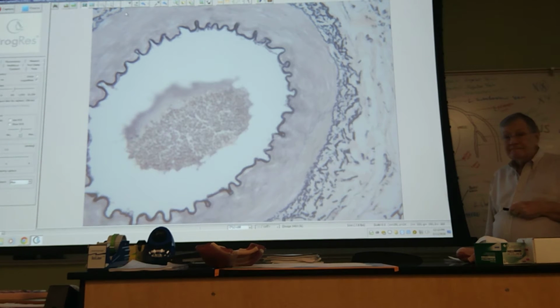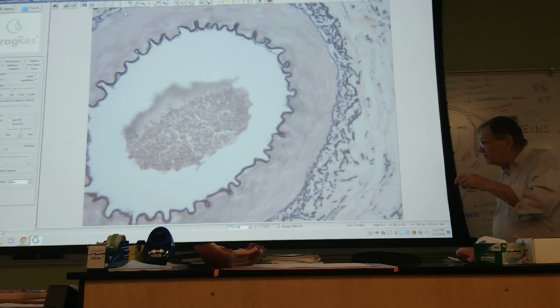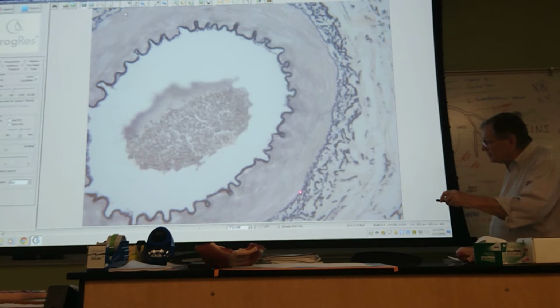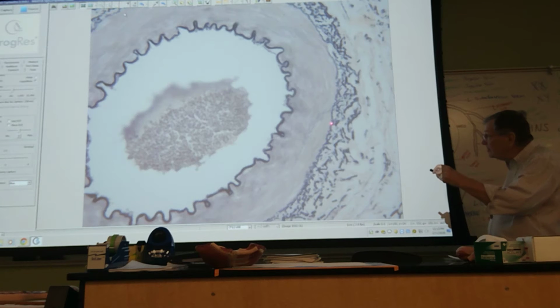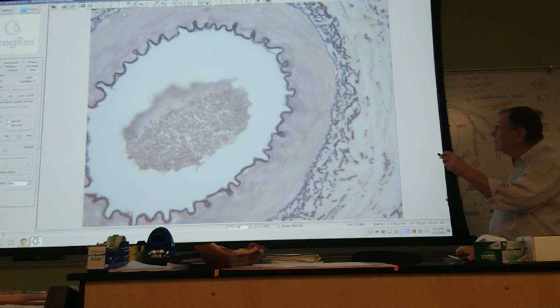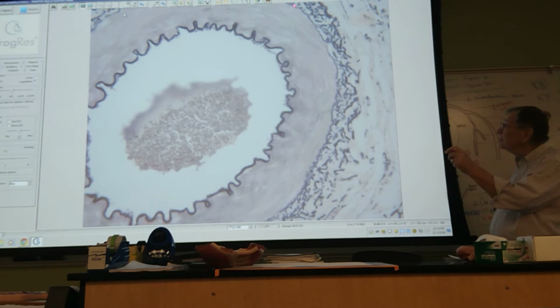Okay? In addition, immediately at the outside edge of the smooth muscle, the very first dark line, just the very first dark line, that's the external elastic membrane.